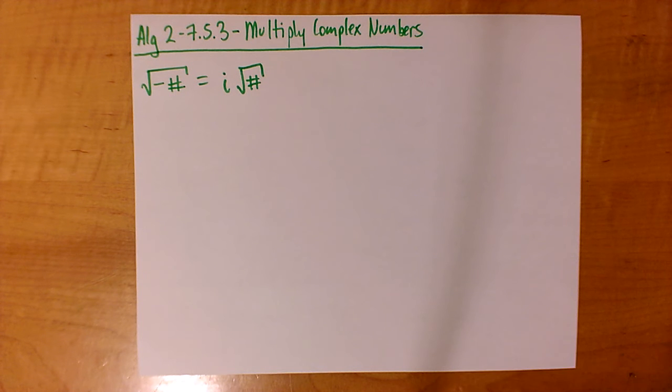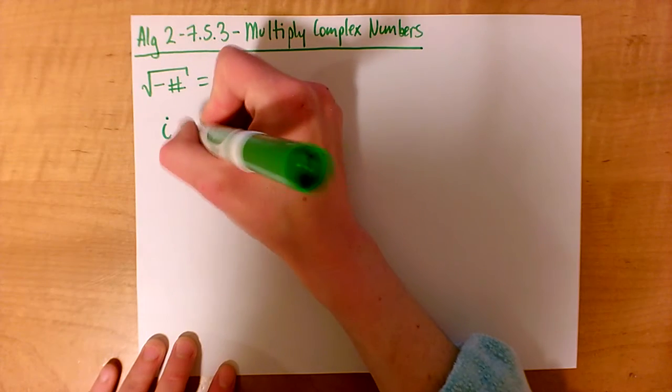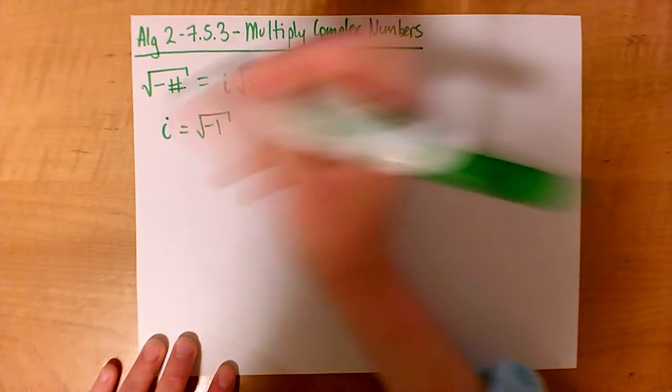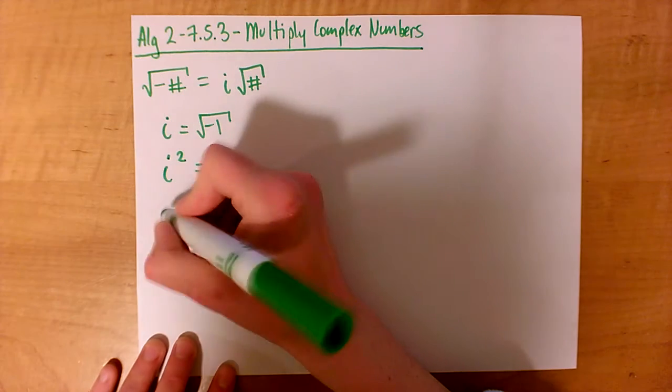i has a pattern within its exponents, within its powers, that repeats itself every 4 powers. So we know that i is the square root of -1. So i squared is -1.